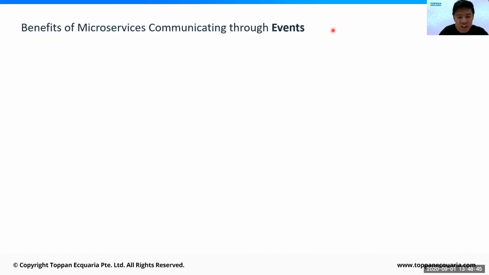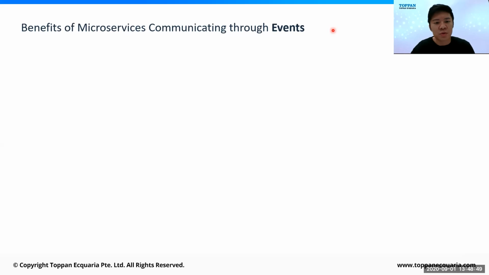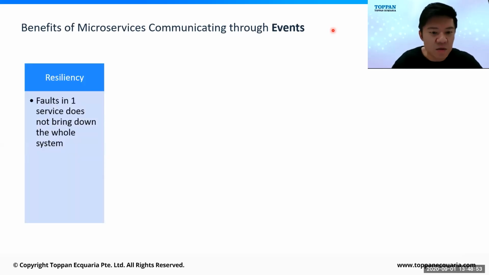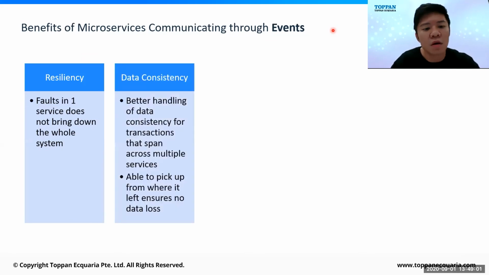So to summarize some of the points that I went through earlier, the event-driven microservice implementation approach provides, number one, better resiliency, where faults are isolated within each service. So when there's a fault in one service, it does not impact the operation of other services. It's better handling of data consistency in a distributed database as compared to REST, which requires compensation and reconciliation.